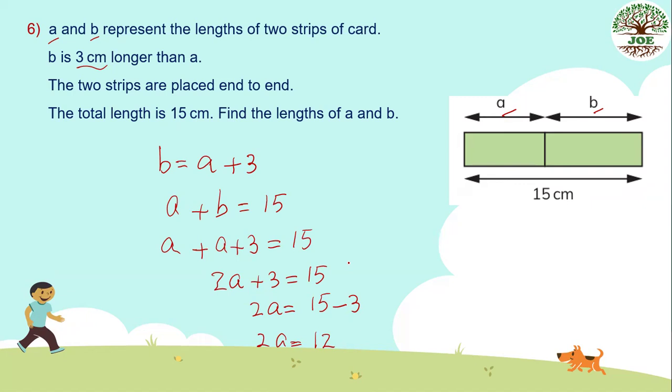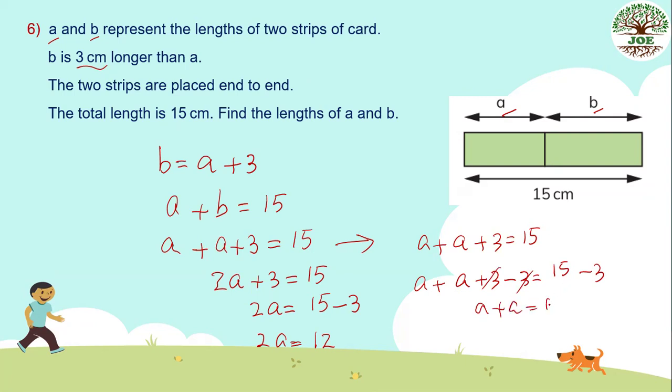Okay. Or another way, let's start from here. A plus 3 is 15. Remove 3 from both sides, so they cancel out. So A plus A is 12.